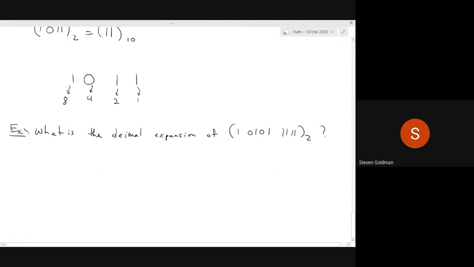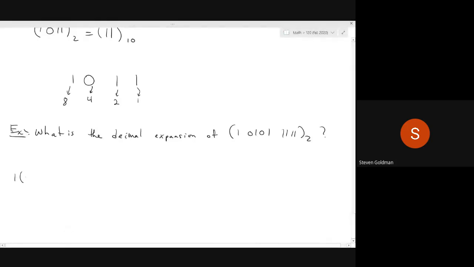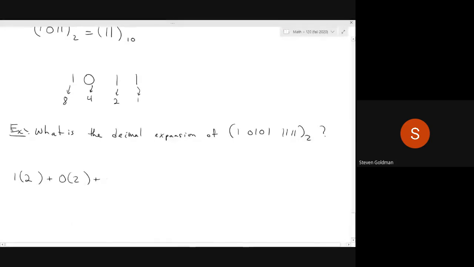What I'm going to do is write them all out and space them out, multiply them by their appropriate powers of 2, and add them all up. So it's going to be 1 times 2 to some power, plus 0 times 2 to some power, plus 1 times 2 to a power.